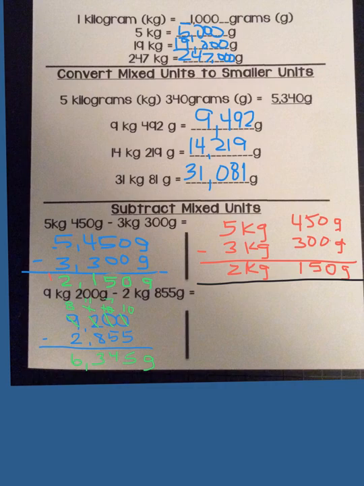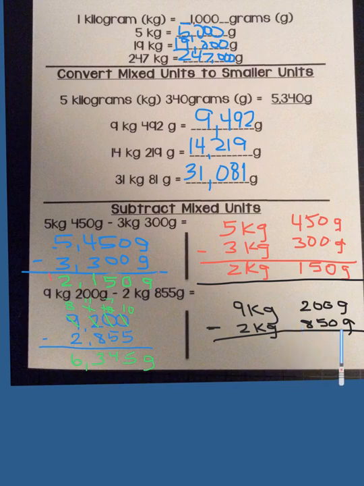But let's set the problem up the same way that we did up top. We've got 9 kilograms and 200 grams minus 2 kilograms and 850 grams.